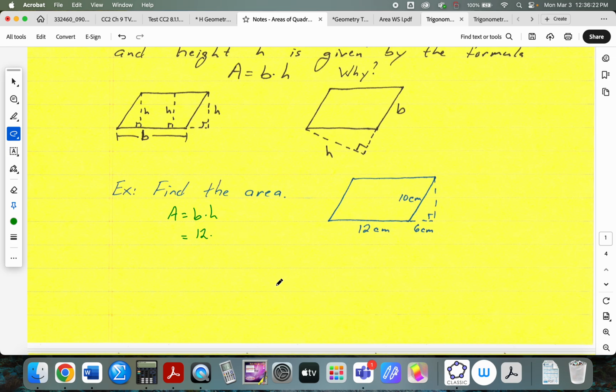Yes, I know you have a calculator for this, but I want to see what you're multiplying so that I can give you partial credit if something goes wrong. The problem that I have with this is I don't know the height yet, but we should be able to find that pretty quickly. What is the height going to be here? 8. Yeah, it's going to be 8 centimeters. So that's 96 square centimeters.